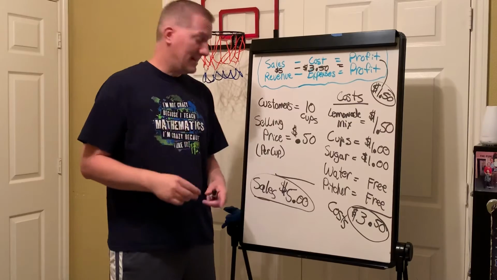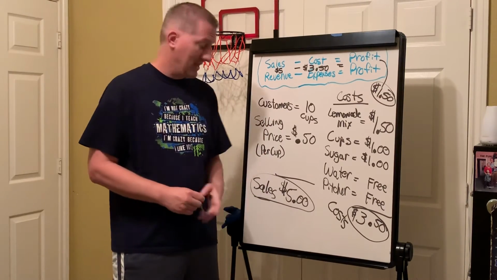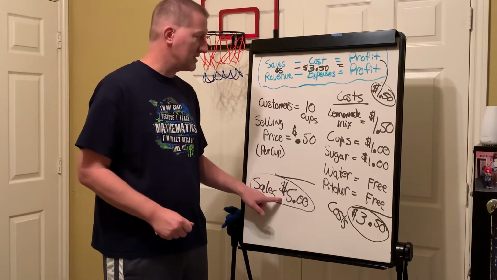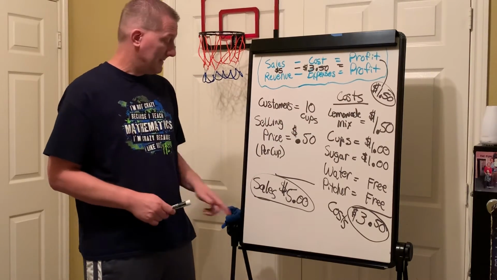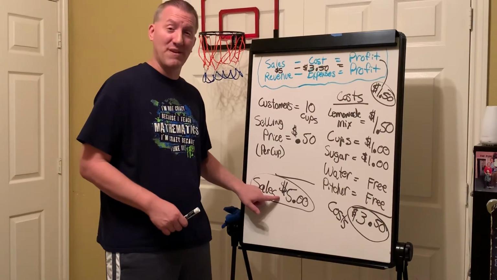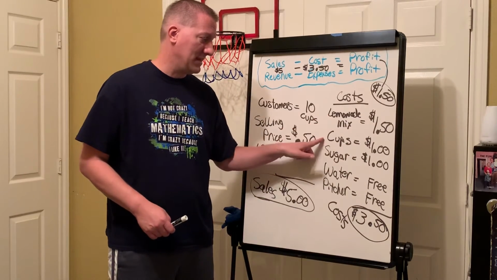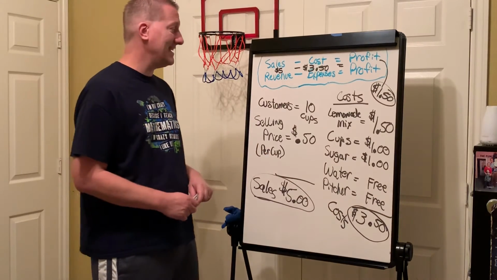So at the end of the day, when your mom comes out and says, how much money did you make? You can't say $5. You only made $1.50 in profit. Your sales were $5, but then you had to pay for the lemonade mix, the cups, and the sugar, and that cost $3.50.